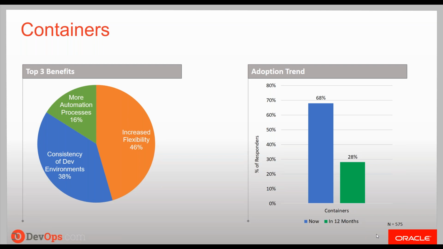Containers go together with cloud like chocolate and peanut butter. But we're seeing containers in hybrid environments, multi-cloud, bare metal, kind of things. When we ask people what were the top 3 benefits for using containers: increased flexibility, consistency of development environments, and more automation processes.